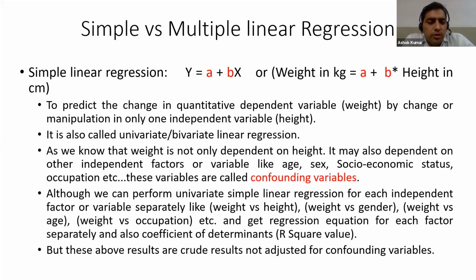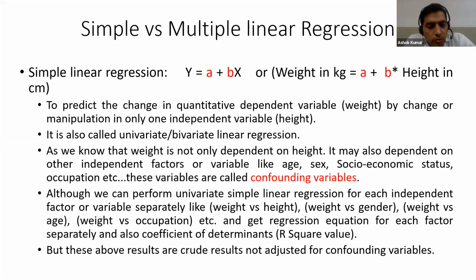As we know, weight is not only dependent on height, it may also depend on other independent factors like age, sex, socioeconomic status, occupation, etc. These are called confounding variables if we want to see the effect of height on weight.